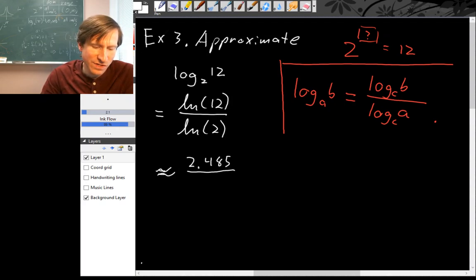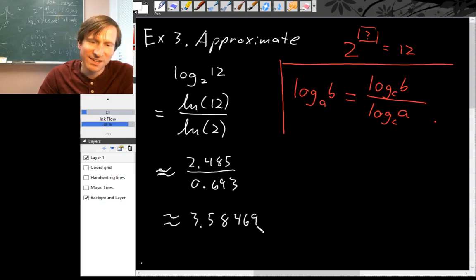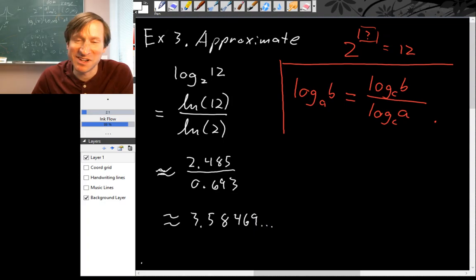And natural log of 2 is about 0.693. And then if you divide, so natural log of 12 divided by natural log of 2, I get about 3.58496, and, you know, some more decimals after that.